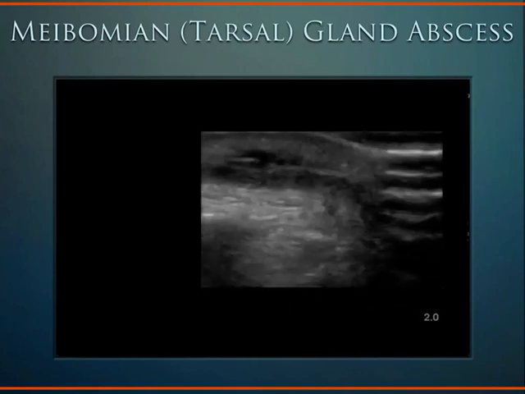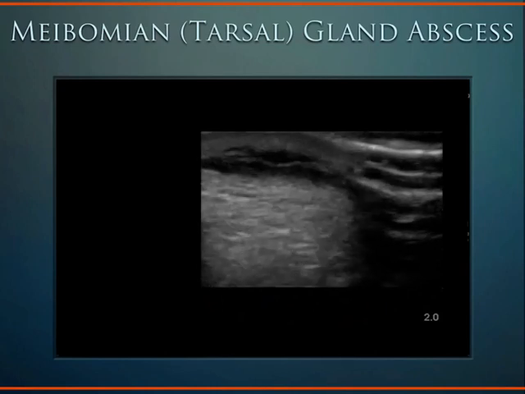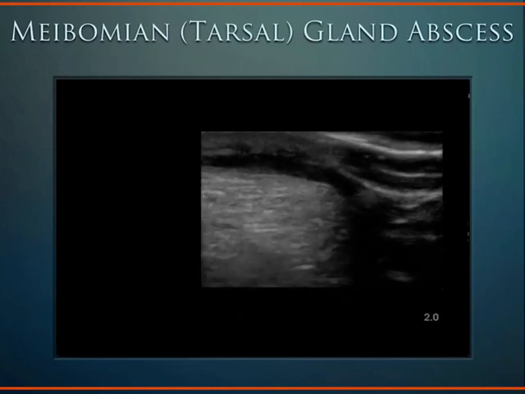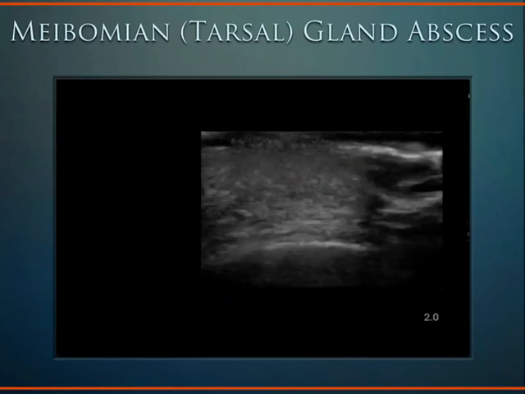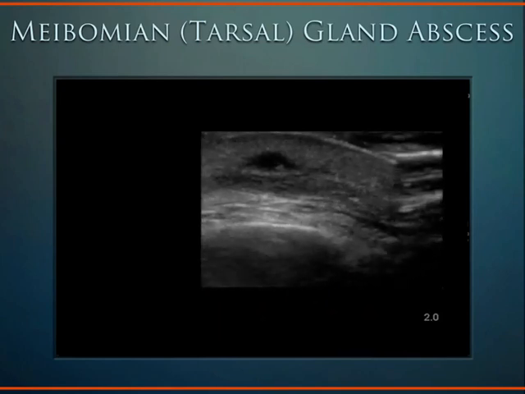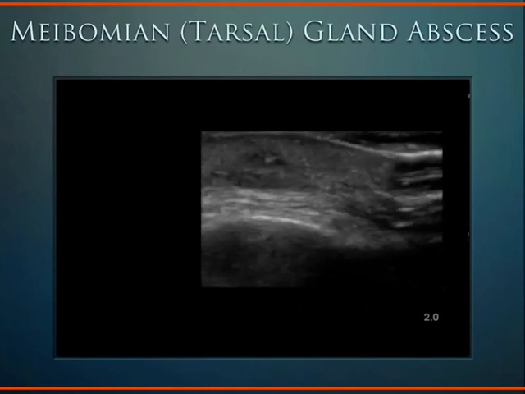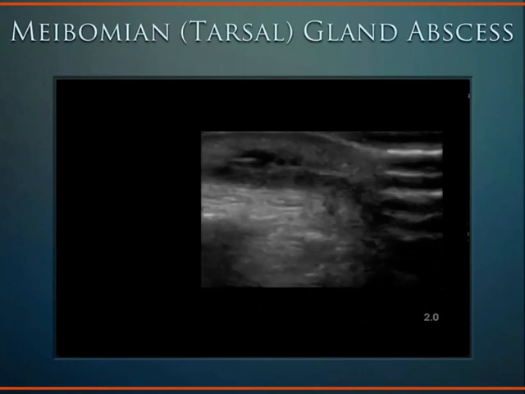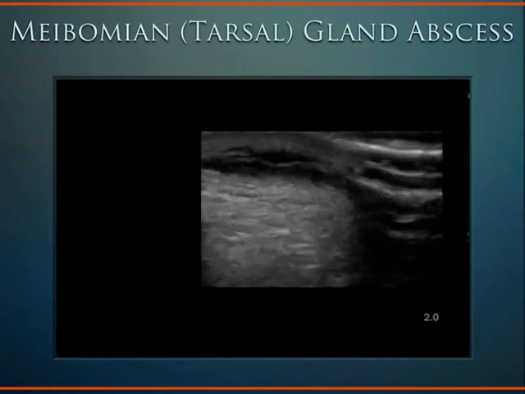They prevent tear spillage onto the cheek, and it traps the tears between the oiled edge and the eyeball and makes the closed eyelids airtight. There are about 50 of these glands in the upper eyelids and 25 in the lower eyelids. They're named after Heinrich Meibum, a German physician back in the 1600s.